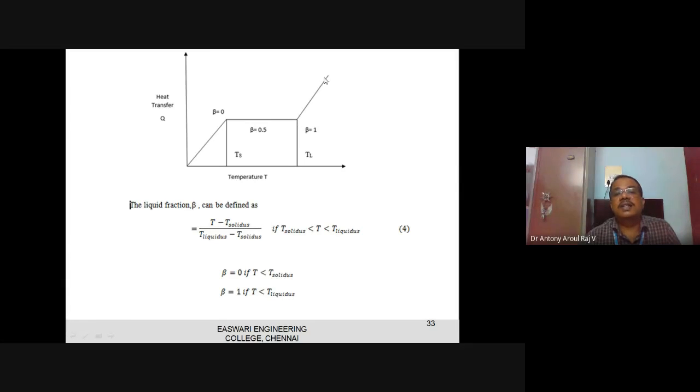So after that, beta is equal to 1. The final case is T equal to T liquidus, then also beta can be equal to 1, because you can see if T is equal to T liquidus, this will become 1. So if T is greater than or equal to T liquidus, then beta is equal to 1.